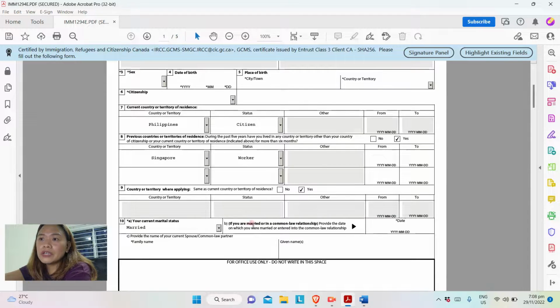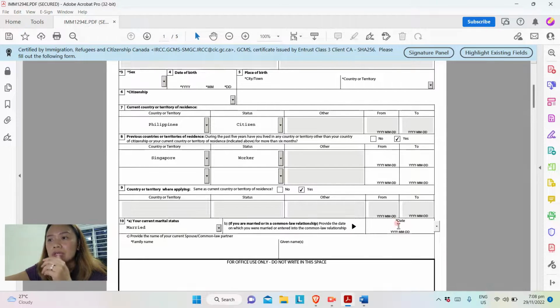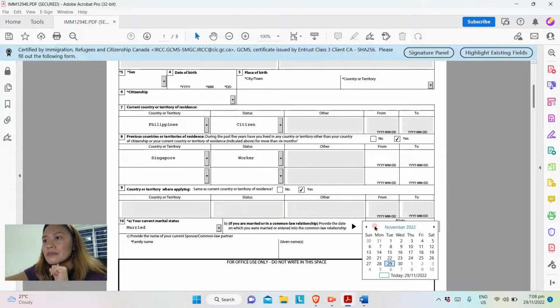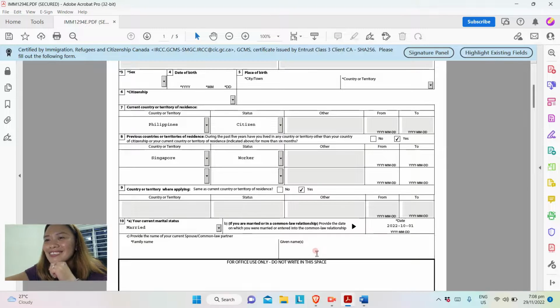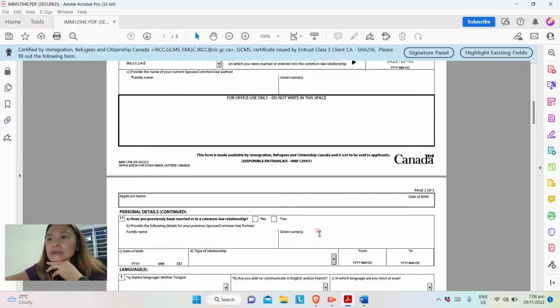If you're married or in a common law relationship, provide the date on which you were married or entered into the common law relationship. Let's just say we got married last October 1. Then provide the name of your spouse, so just write the family name and given name of your spouse.